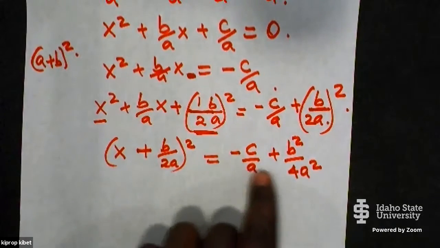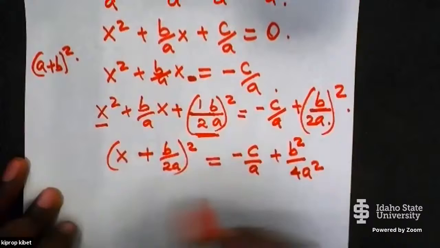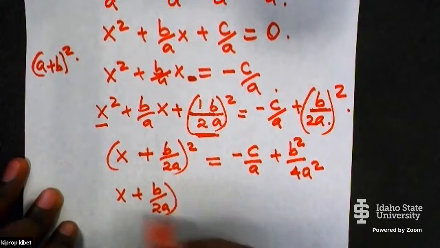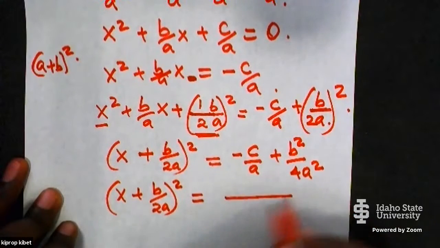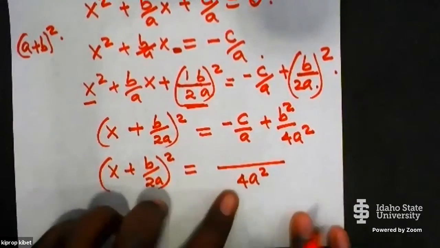So we can get the LCM of this. So x plus b all over 2a squared equals, what is the LCM here? LCM is 4a squared.